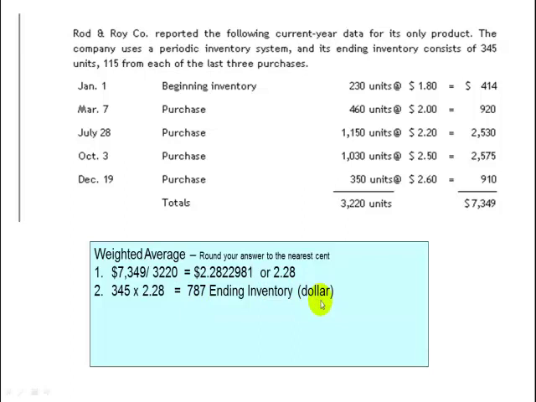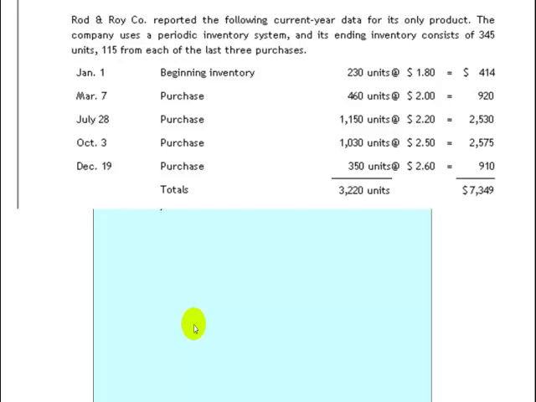If I take my goods available, 7349, minus the 787, I get the cost of goods sold under weighted average of 6562.